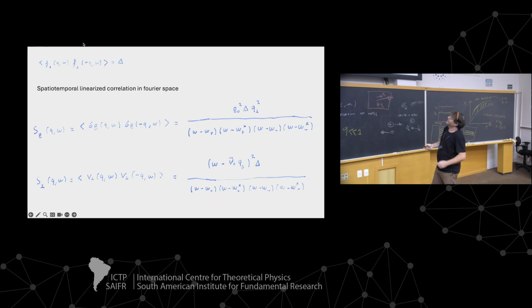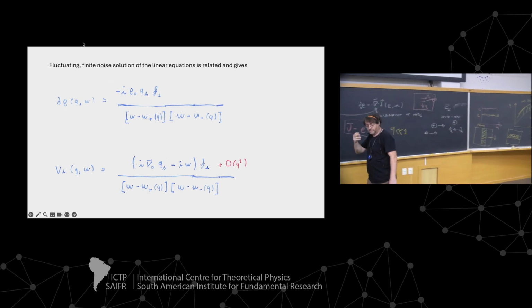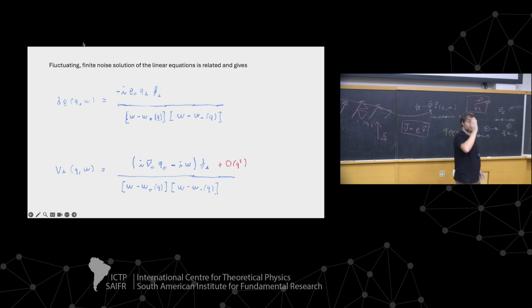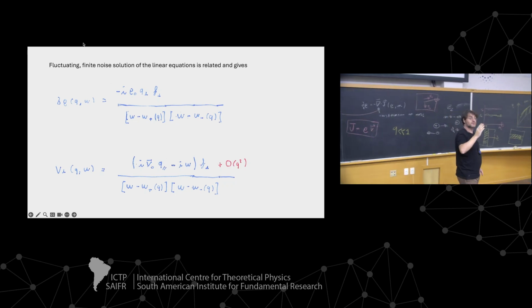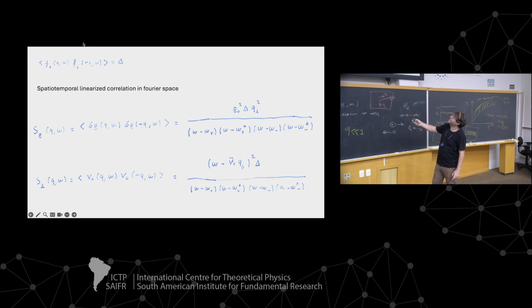Since you're taking an average, the only thing which is fluctuating here is the noise, so you're taking average of the noise. When you take the average of the correlation between two noise at two different frequency, you end up with a delta and with the noise amplitude, large delta, okay? So that's the end of the calculation.